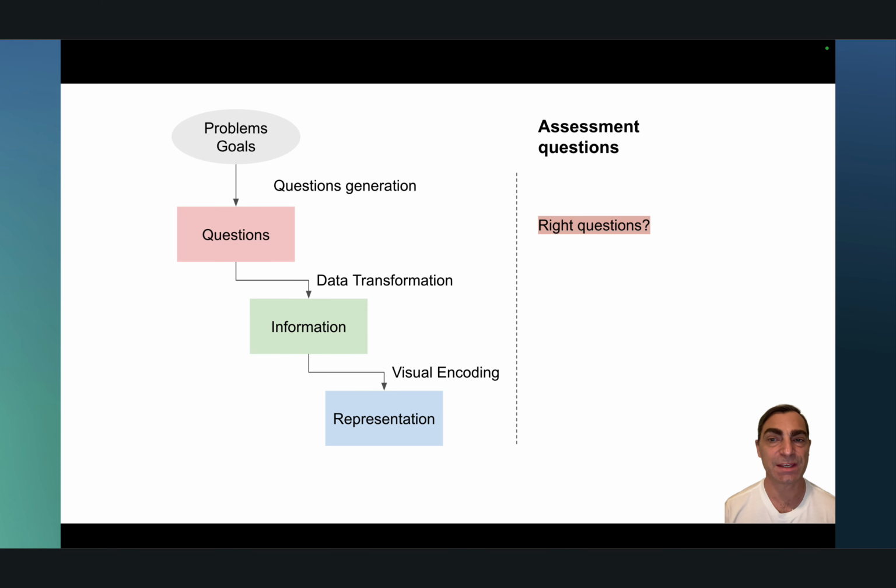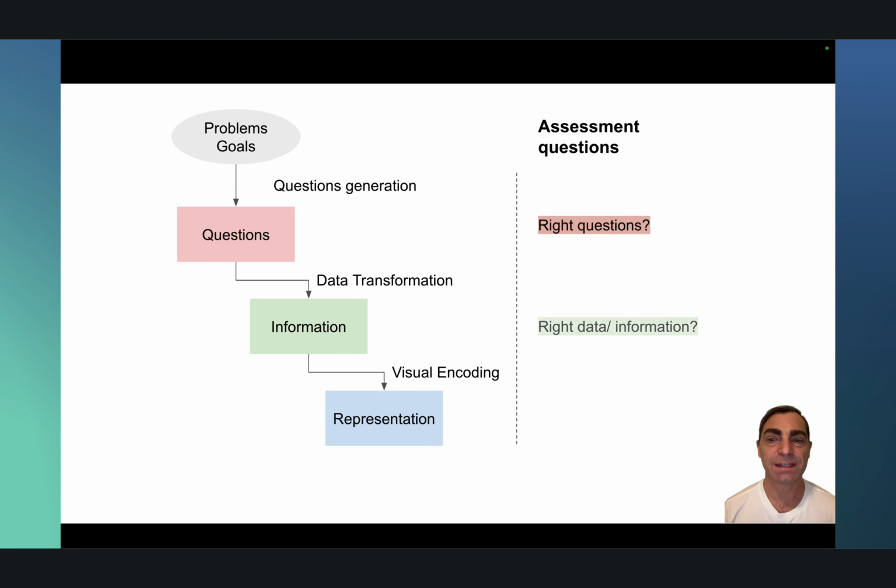The first one is, do I have the right questions with respect to the problem and goals that I'm trying to solve? It is possible that the questions that you produce or you collect are not the correct questions because they are not actually solving the problem that the person you're working with has, right?